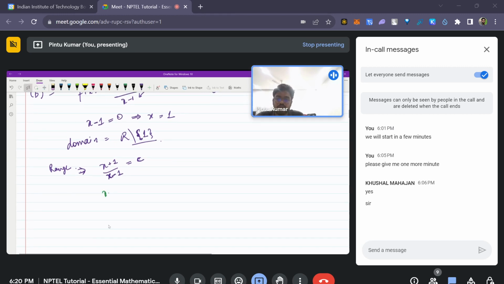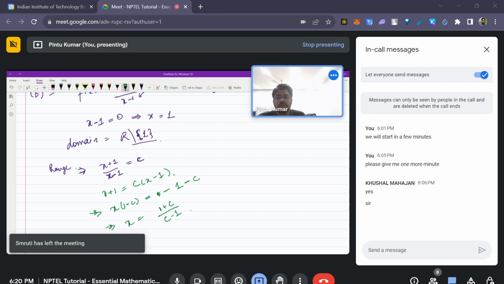That x plus 1 is equal to c times x minus 1. This would imply x times 1 minus c is equal to minus of 1 plus c. Then x is equal to, if you take the minus sign out, 1 plus c divided by c minus 1, right? So you can find the value of x for which your f of x is c.